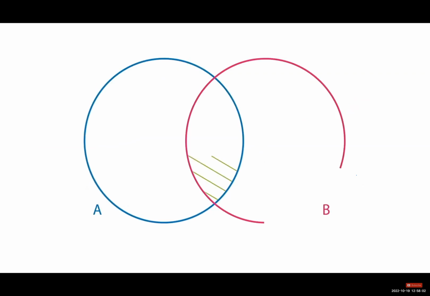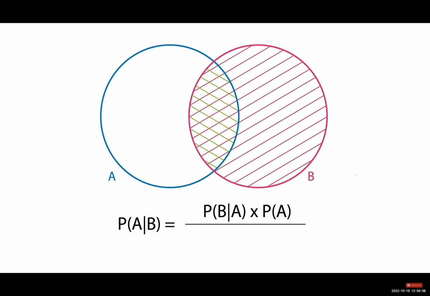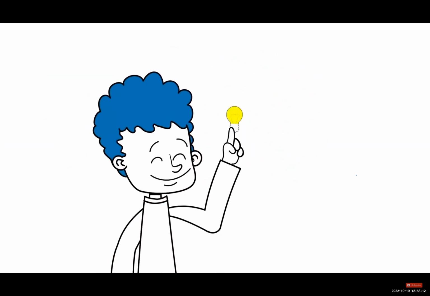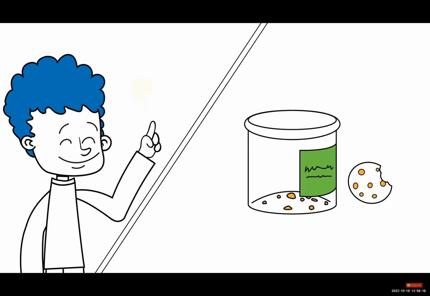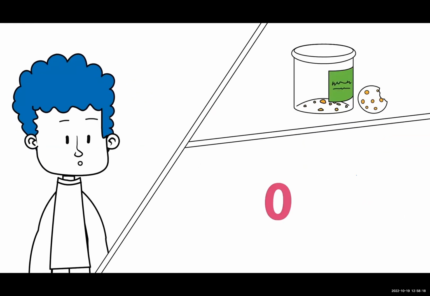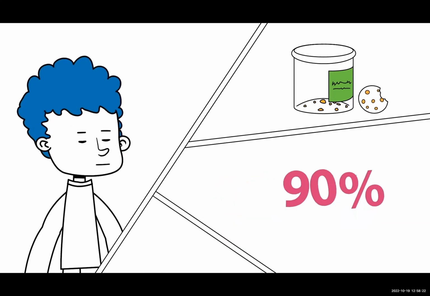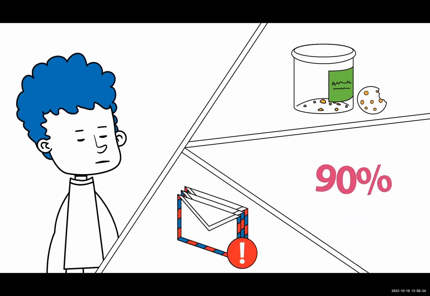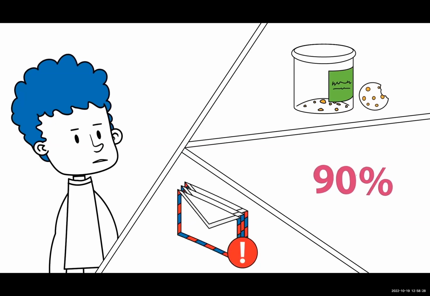The probability of A given B equals the probability of B given A times the probability of A, all over the probability of B. It's well worth learning more about so you can make more informed decisions the next time you want to know who ate the last cookie. Or your test results seem to say it's 90% likely you've got lurgy disease, or you want to know why your spam filter is making bad decisions about your emails.